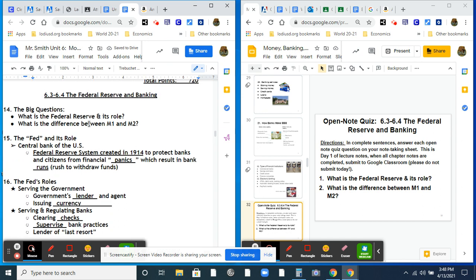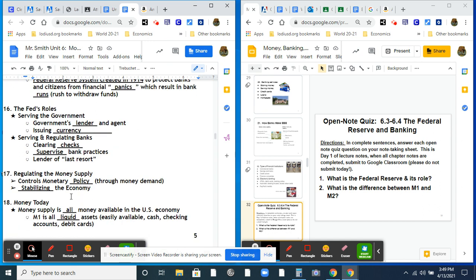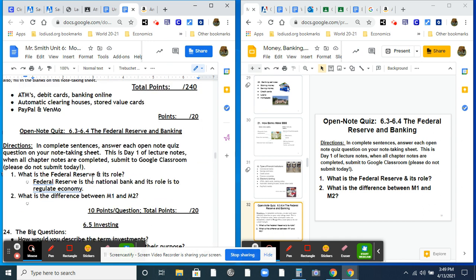Our note says: Federal Reserve, government lender and agent, issuing currency, clears checks, supervises, lender of last resort, regulates money supply, stabilizes the economy. Okay. Did I leave anything out? Controls currency. Its role is to regulate the economy.